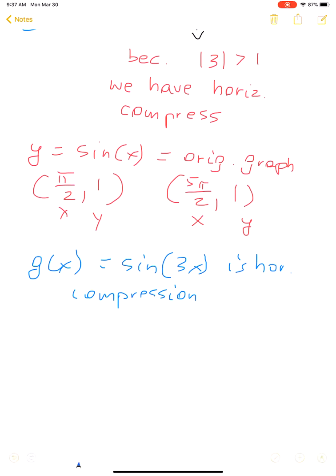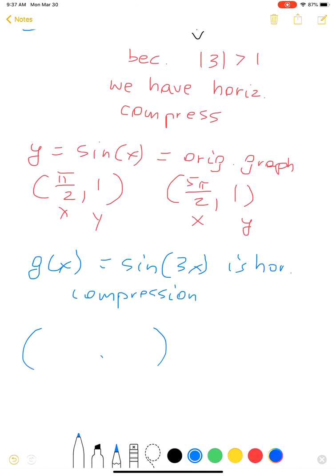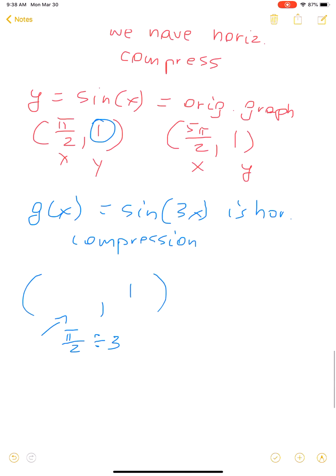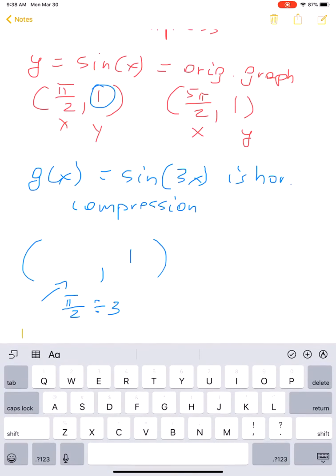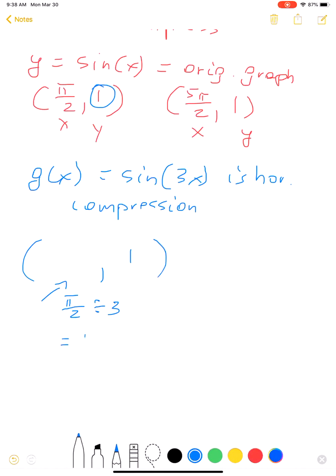So what happened? The y value will stay the same. Originally we have 1, we're still going to have 1. What's going to happen to the x coordinate? You're going to take the original one, which was pi over 2. Since we have compression, you need to divide it by 3. So pi over 2 divided by 3 is the same as pi over 2 times 1/3, which will give you pi over 6. So that's how you saw on the PowerPoint that the x-coordinate of the horizontal compression was pi over 6. So it's getting closer.